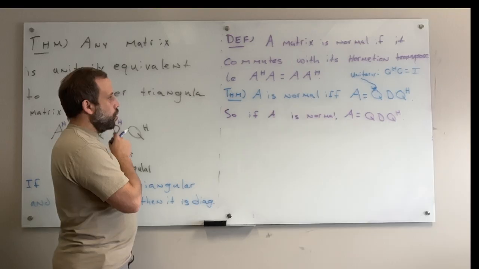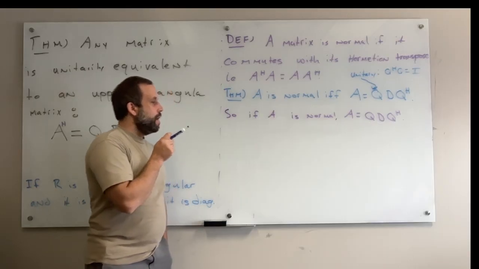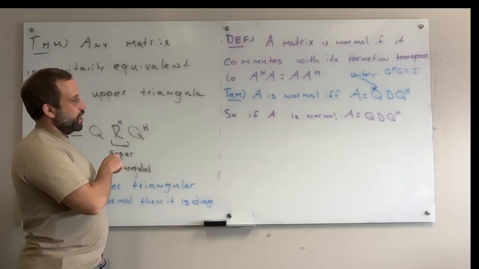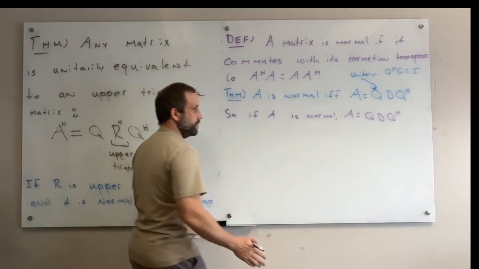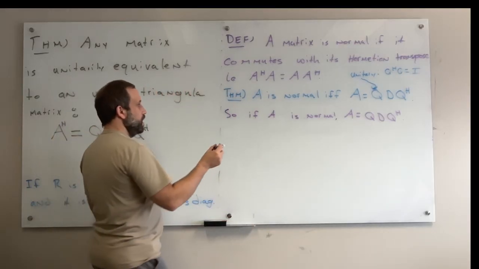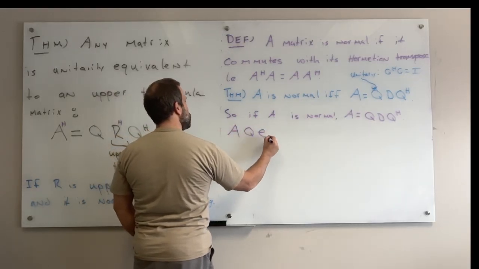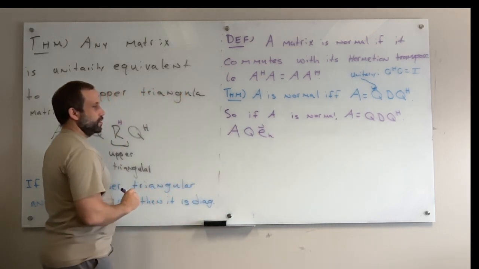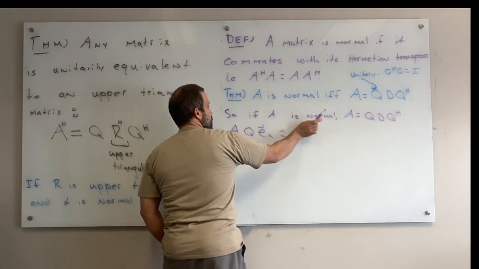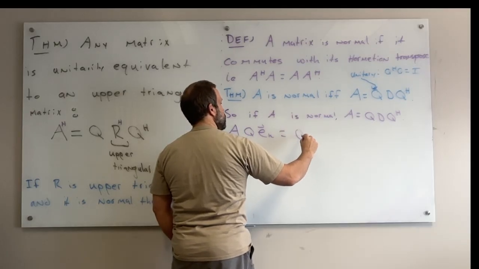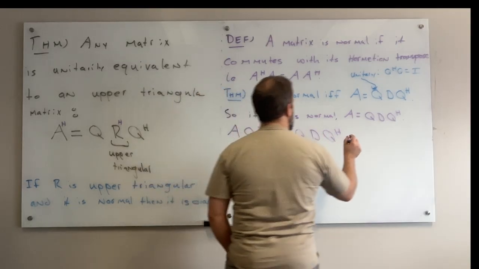Okay, so we know now that A is unitarily equivalent to a diagonal matrix, and we saw in a previous video that the eigenvectors of D are the unit basis vectors. And so if I look at A times Q times the unit basis vector e_k, well, I can write this, using this decomposition, as Q D Q^H times Q e_k.